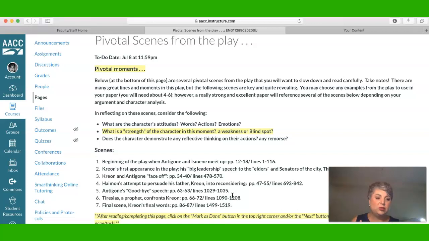I normally tell students it's good to have just a general idea of this family background, but if you go back and do too much research and reading, it might actually get a bit confusing and distracting. What you really need to know for this play and for this paper is that Ismene and Antigone are sisters. Creon is their uncle.